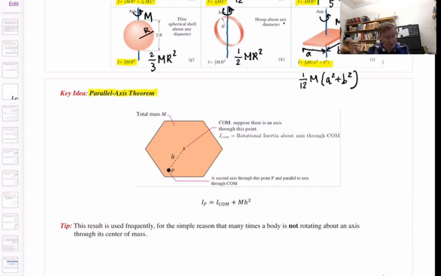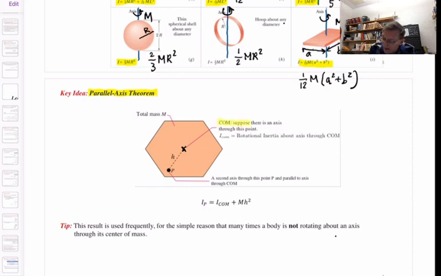Theorems can be proved. You want to see the proof? Read section 5. But I'm just going to tell it to you because you have to be able to use it to solve problems. I've drawn a picture with a hexagon, and you're looking down from above. And one possible axis of rotation, and I've taken the hexagon to be regular in shape with a uniform mass distribution, so the center of mass would be through the geometric center, COM.